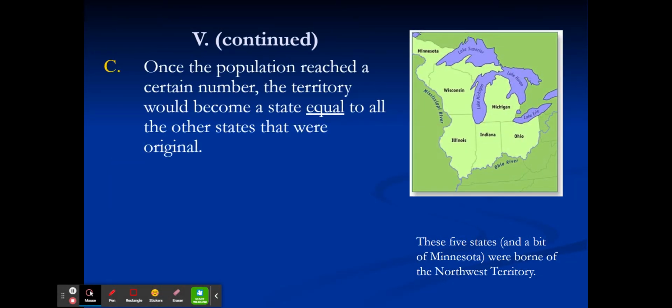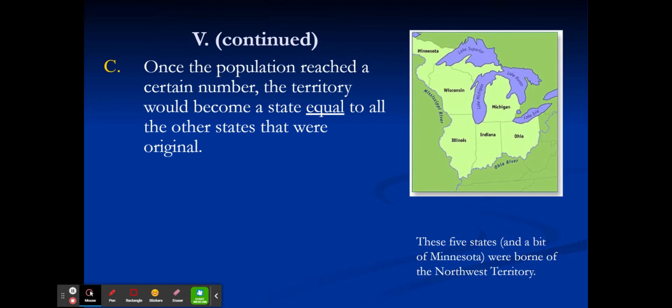And they said once the population reached a certain number, right? Once many people were living there, the territory would have enough people to become a state that would be equal to all the other states that were the original 13. Think of that.